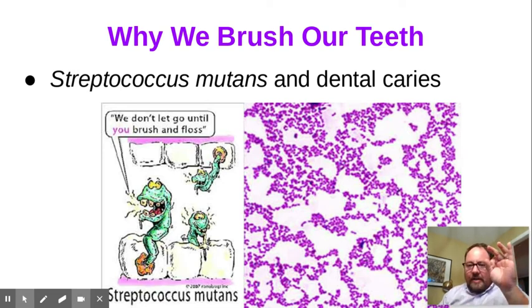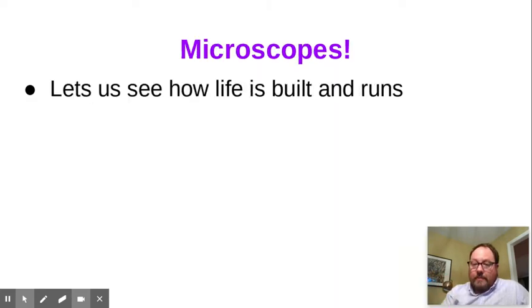The strep bacteria, they're like little spheres. And in the case of strep mutans, they produce an acid that eats away at the enamel of our teeth. So for all of human history, people have had issues with dental caries or cavities. And what those cavities are caused by are the actions of little cells like bacteria.